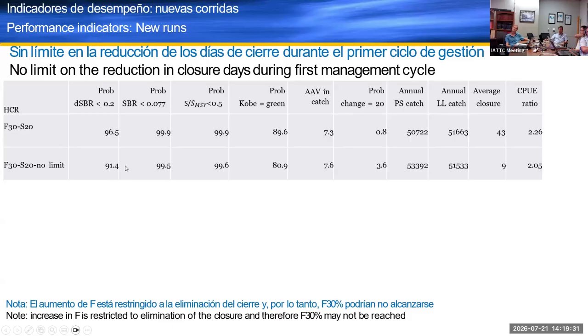Okay, and so we only did one test. However, this indicates that anywhere between what happens here, which I think was like an 8-day closure in the first cycle, how many days of closure was it in the first cycle on average? For the second, no limit. Yeah. Zero. Okay, so the closure was completely eliminated in that first cycle.